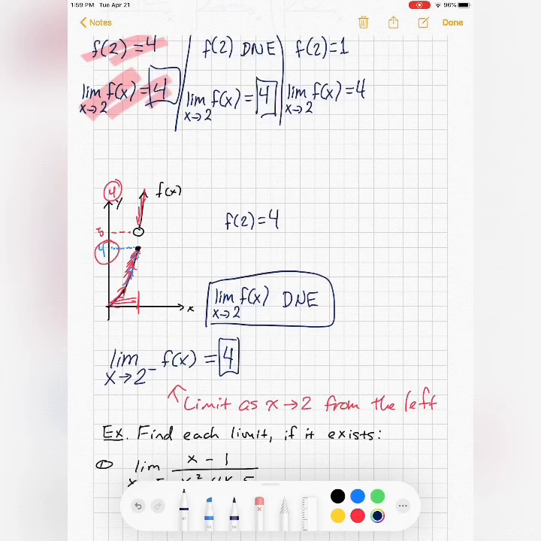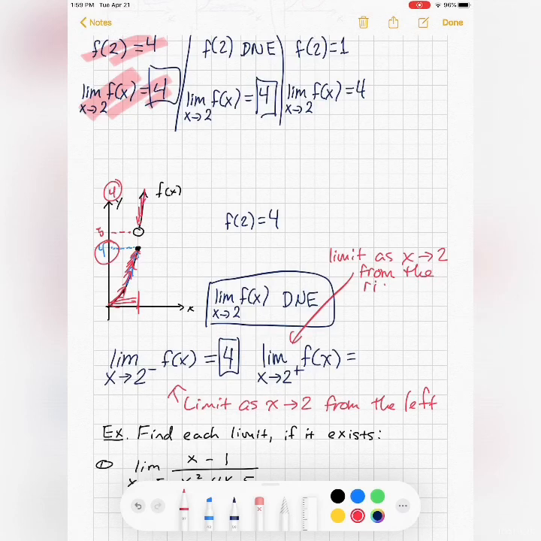Versus if I say the limit as x goes to 2 from above, or from the right. So this one says the limit as x goes to 2 from the right, from values bigger than 2.